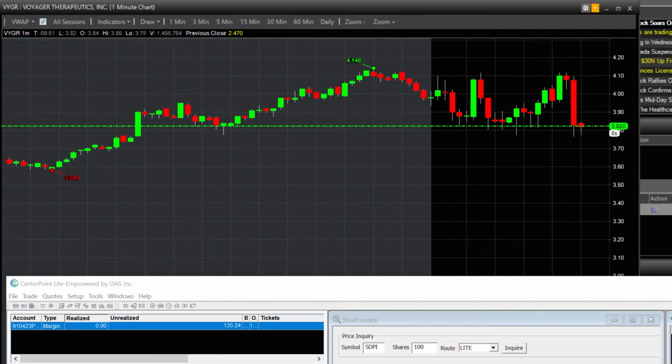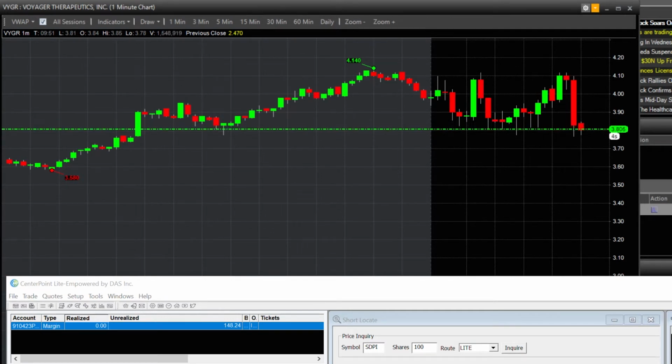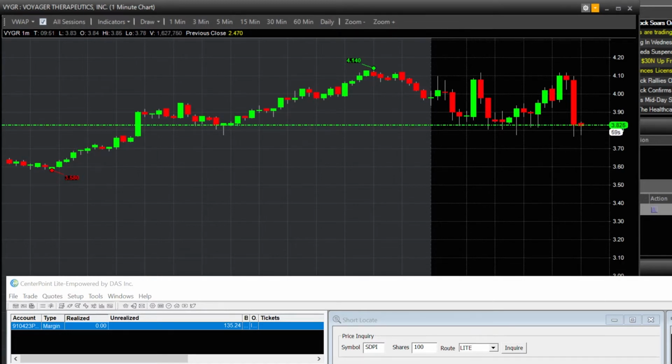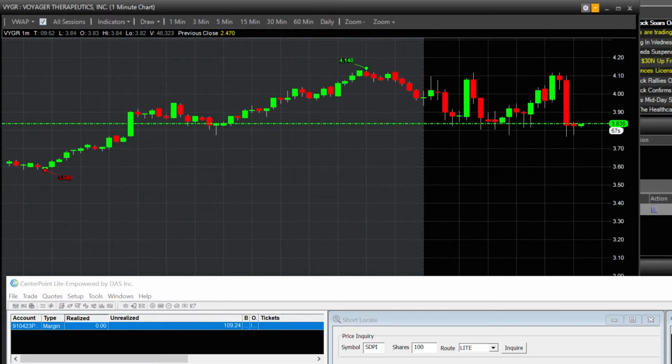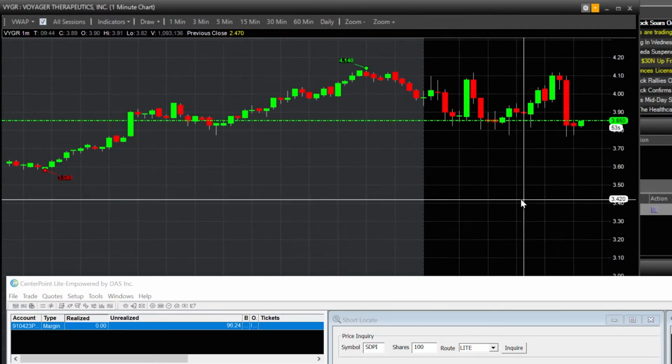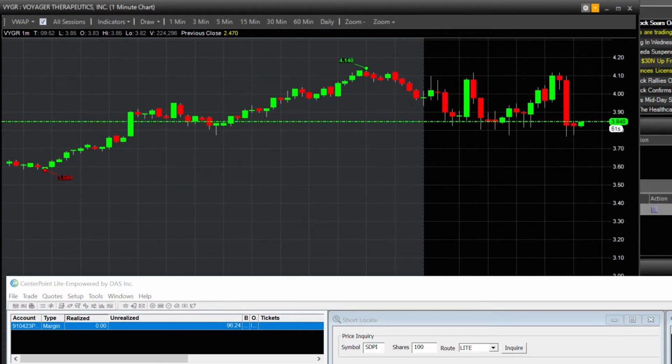I did not do very well. These were very similar conditions where the stocks just didn't create enough range. And this is kind of what I'm anticipating is gonna happen with this stock.